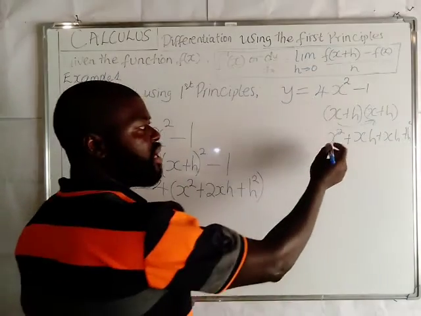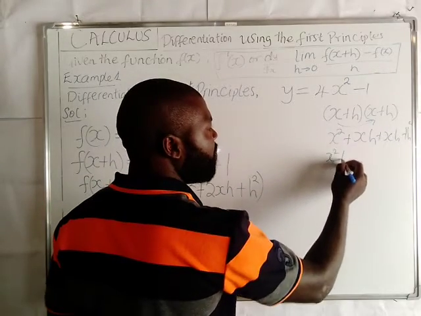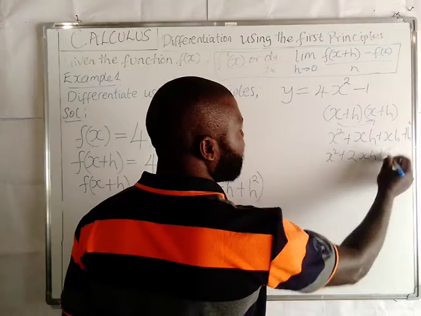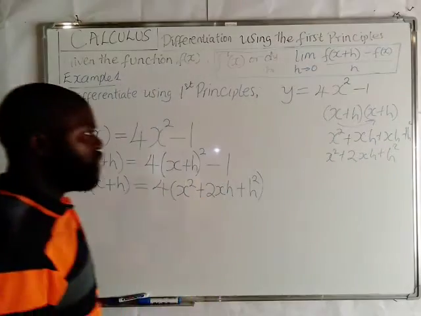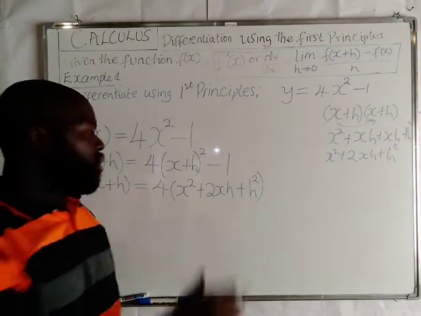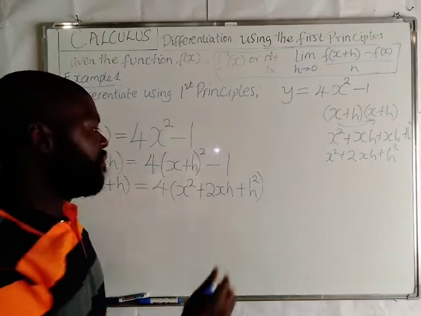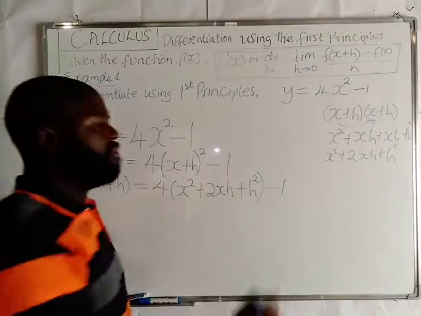So you can see we have x square plus 2xh plus h square. Okay, so basically, the expansion of this is basically what we have, then minus 1.